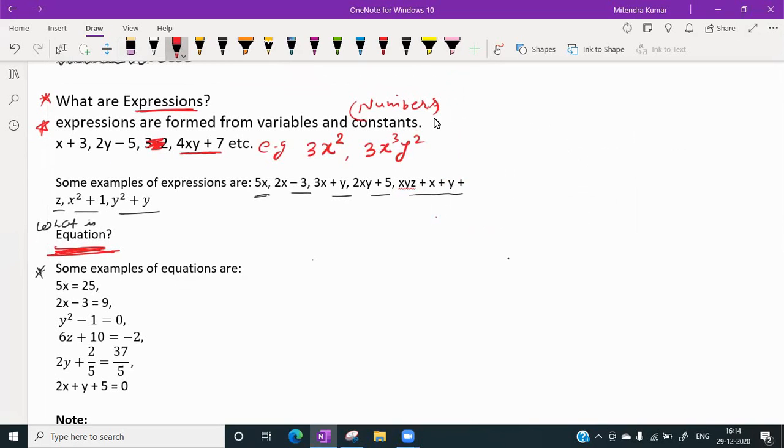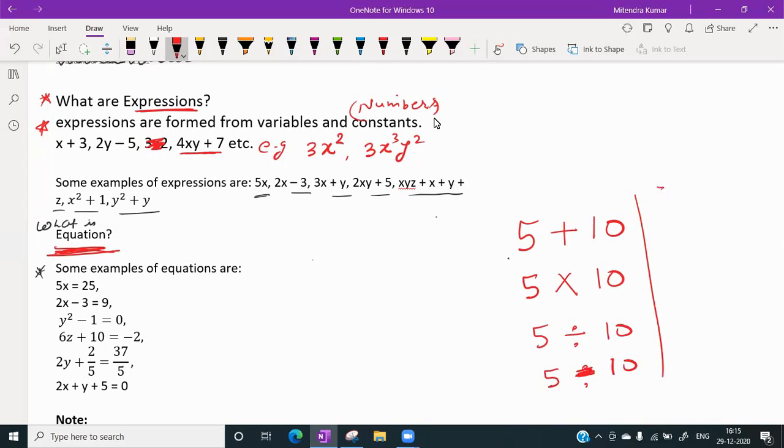Okay, just as we do with numbers, we can add two numbers, we can multiply two numbers, we can divide two numbers, we can subtract two numbers. Similarly, we can add two variables, we can subtract two variables, we can multiply two variables, we can divide two variables, okay.